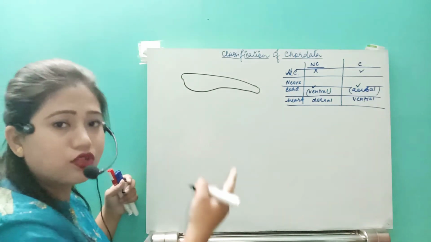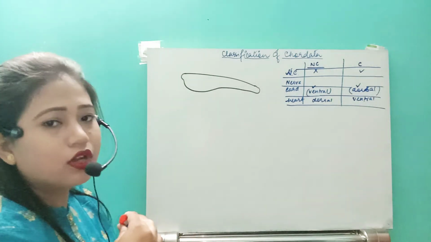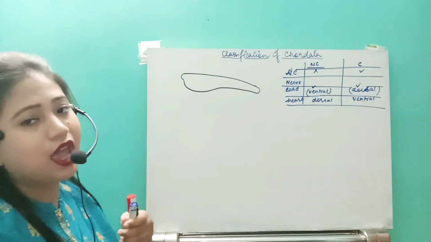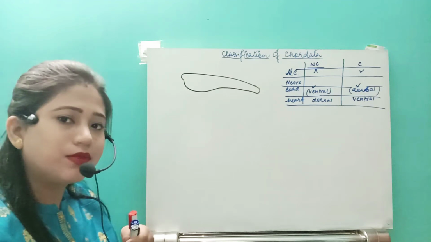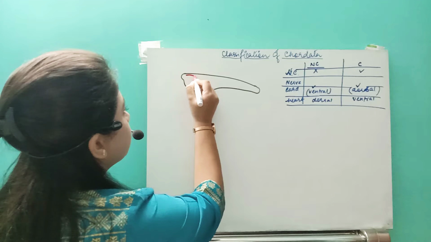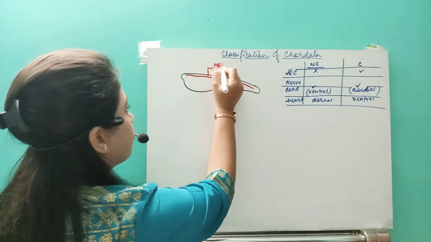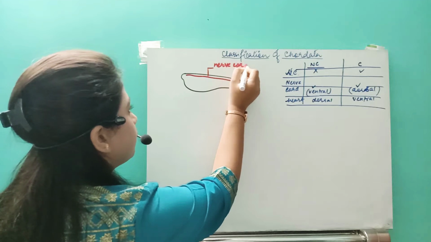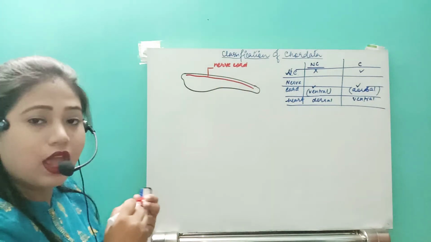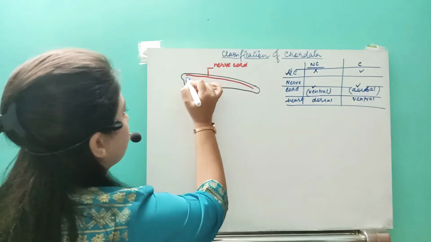The notochord will be present on the dorsal side. In a chordate, both the nerve cord and the notochord will be present. Here this is the nerve cord, and just below the nerve cord we will have the notochord.